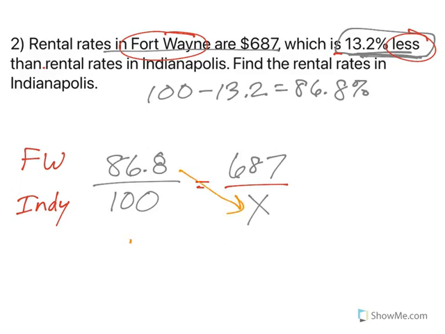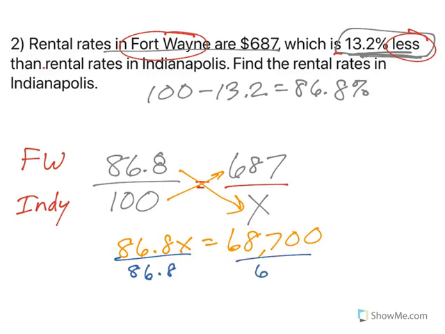So I cross multiply. 86.8x equals 68,700. Divide both sides by 86.8, and rounded to the nearest penny, I end up with rental rates in Indianapolis to be roughly $791.47. And that is playing with these percentages.